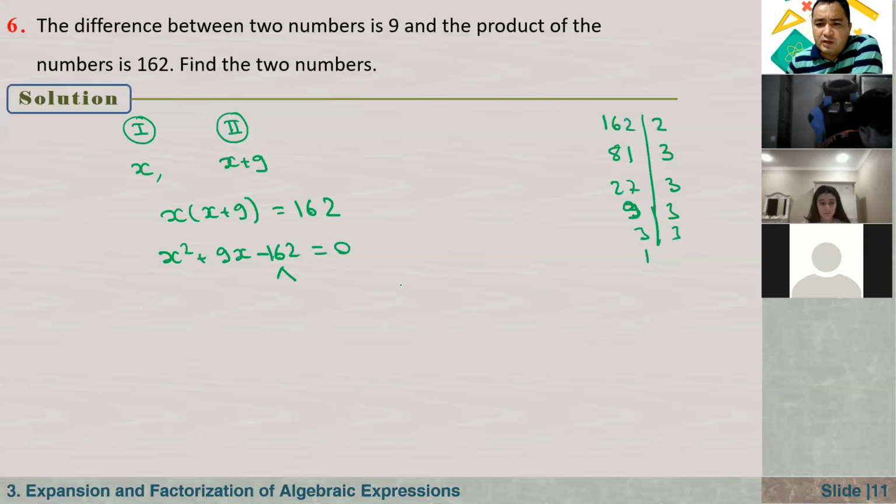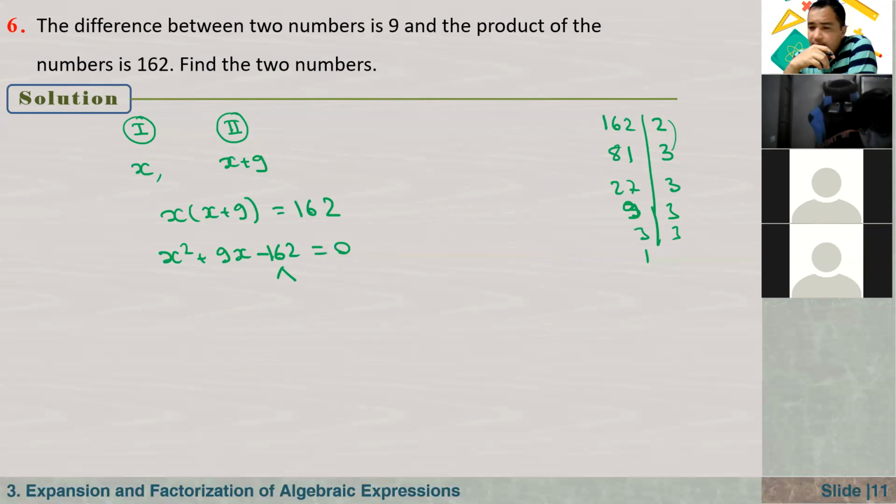So the combination of two numbers, the difference should be 9. What is the possible answer here? Maybe 2 times 3, it is 6. And 3 times 3 times 3, no, it doesn't work. So the sum should be 9.